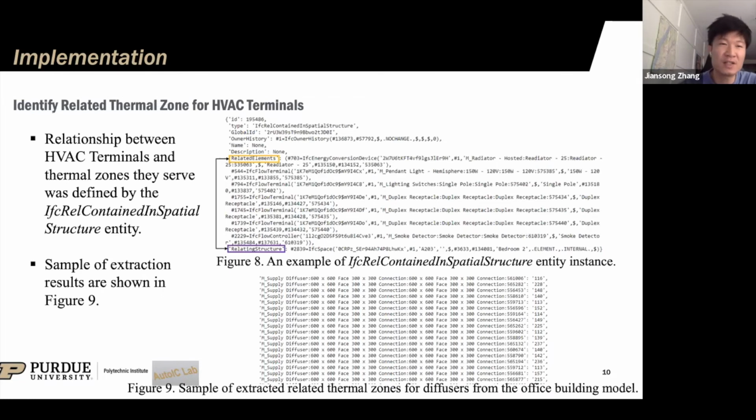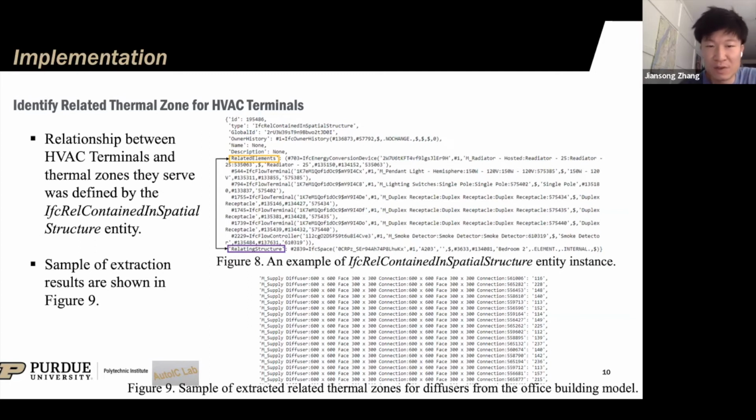Okay, the final step is to identify the related thermal zone for HVAC terminals. This is basically done by extracting the IFC rel contained in spatial structure entity, which defines the relationship between HVAC terminals and each space or thermal zone.